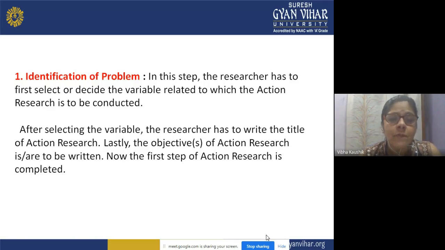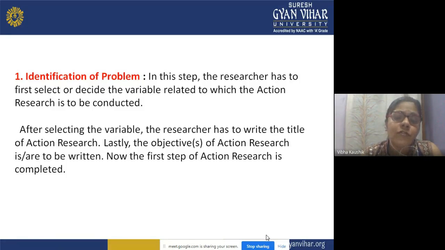After selecting the variables, for example, I have selected motivation and achievement for my action research. The researcher has to write the title of the action research, which means now he has to frame the title on which he is going to do his research, and the title will be related to the variables which the researcher has selected for his particular research.